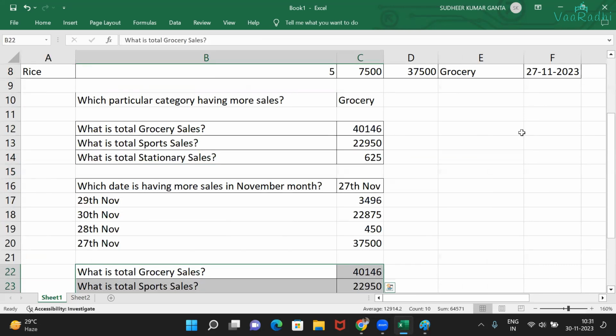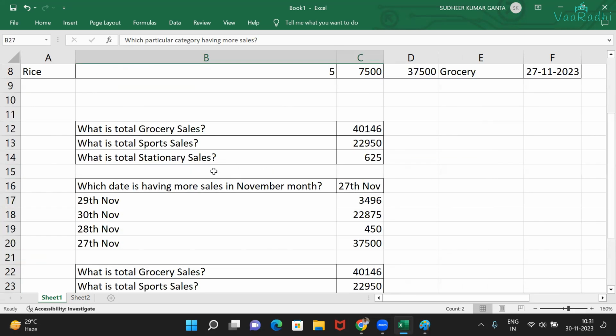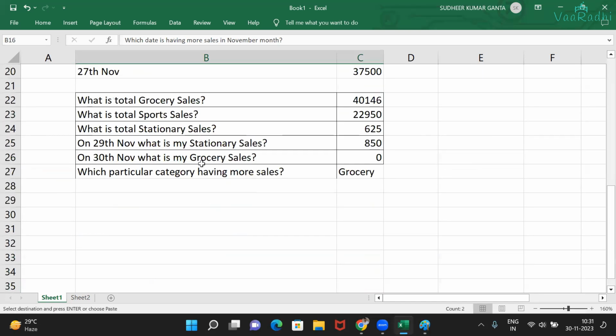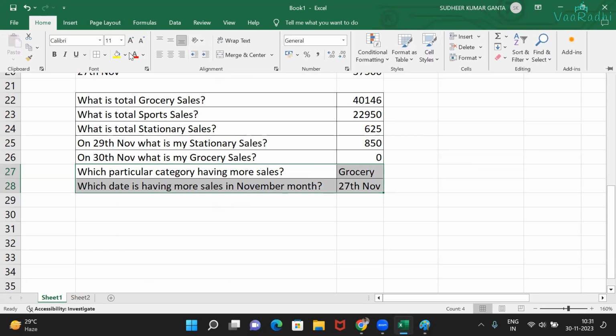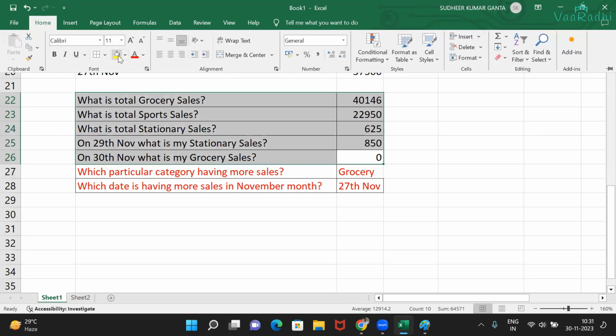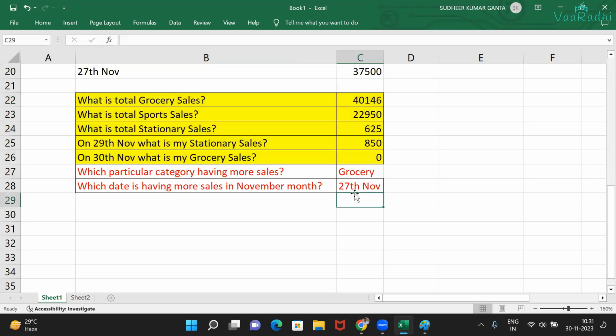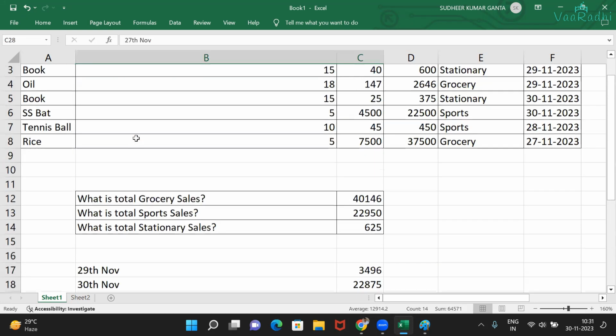In general, people do this kind of analysis. When you come to this kind of question, the system is unable to give you straightforward answers. Manual intervention is required. But in the case of simple questions, simple analysis, you'll be able to follow the system-given answers. So Excel has a few limitations, guys.